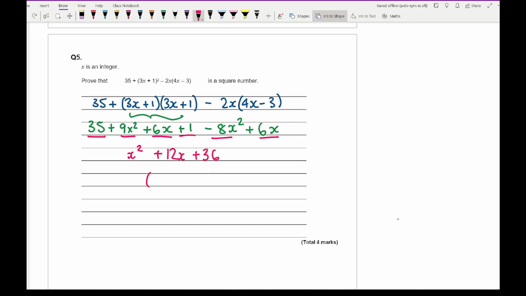Now from this, I can factorize that, so I've got x plus 6 squared. As you can see, it's always going to give me a square number, because regardless of what x is, I add 6 and then I'm squaring, so therefore it's always a square number for all values of x.